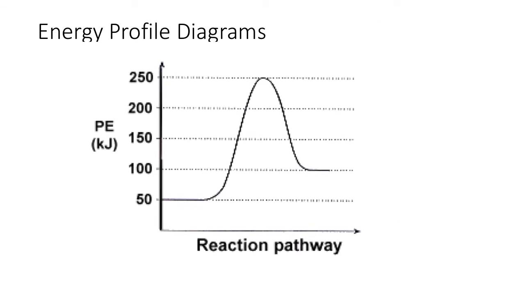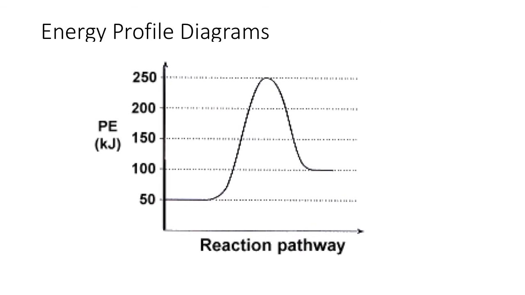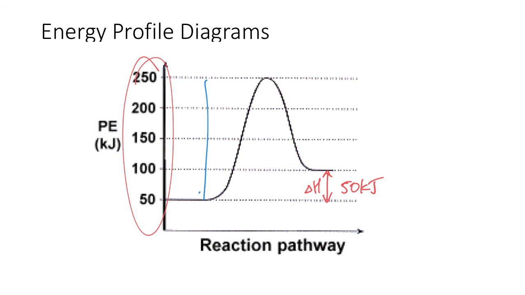So this diagram that I've actually used is a terrible diagram. Lots of things. First of all, you don't want all of this stuff here. It's there so that you can say that this one here is 50 kilojoules, and remember, this is delta H. Then you've got the activation energy here. EA forward would be how much? 200 kilojoules.